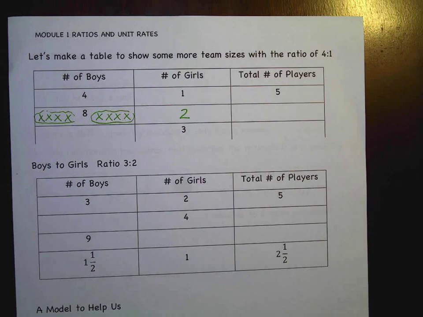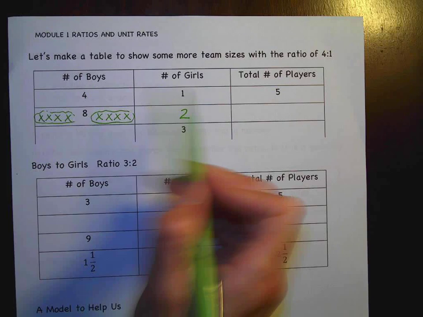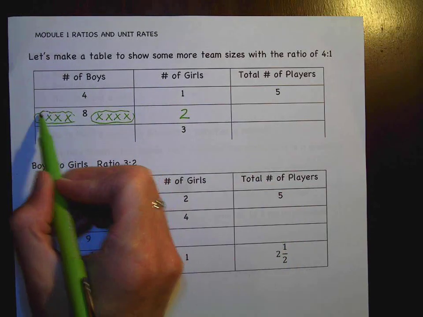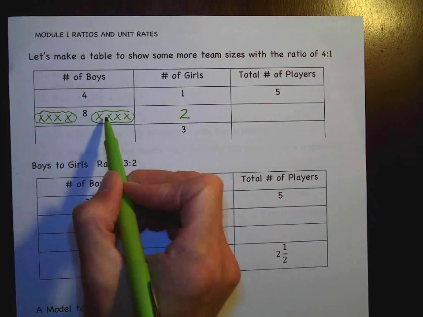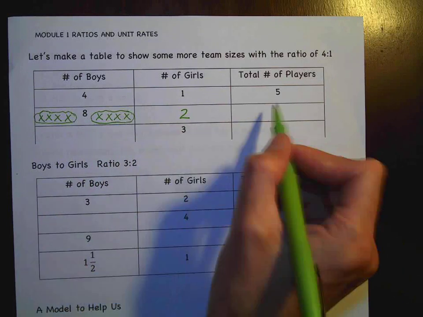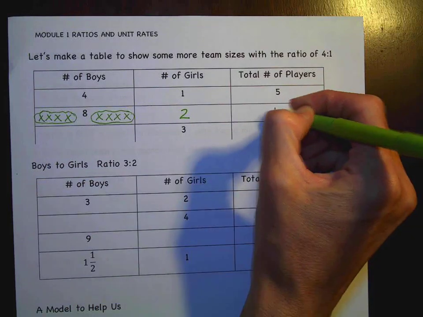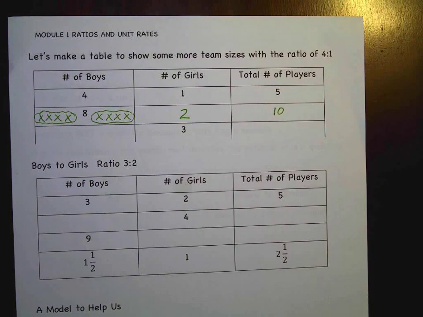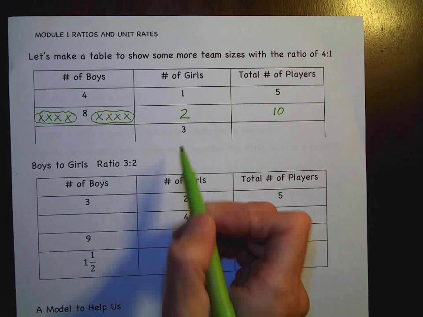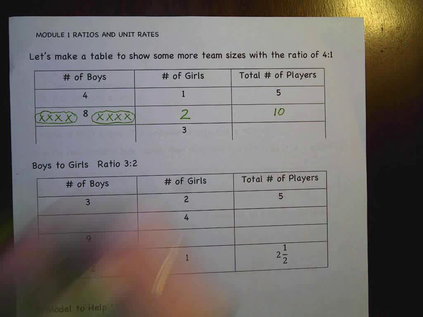So how many girls in total? The answer is 2, right? Because here's a group of 4, and it says for every 4 boys, there's 1 girl. So this has to be a girl right here. 1 girl here, 1 girl here. So that gives us in total 2 girls. So then the total number of players, I have 8 boys, I have 2 girls, so my total number of players is 10.